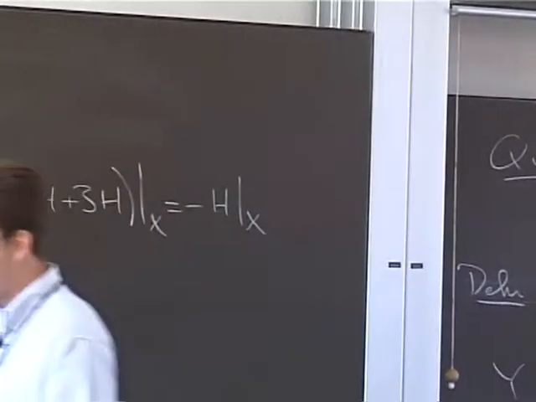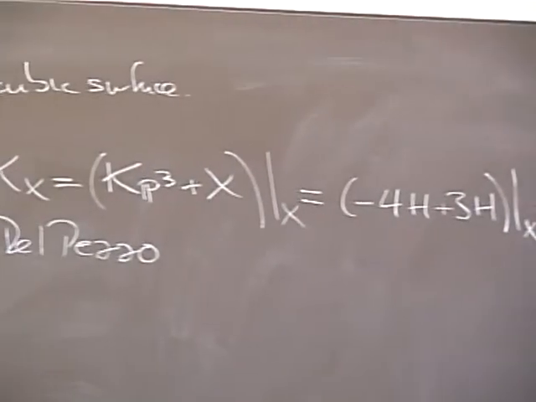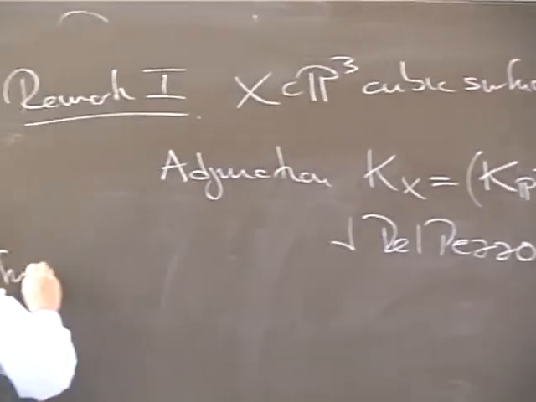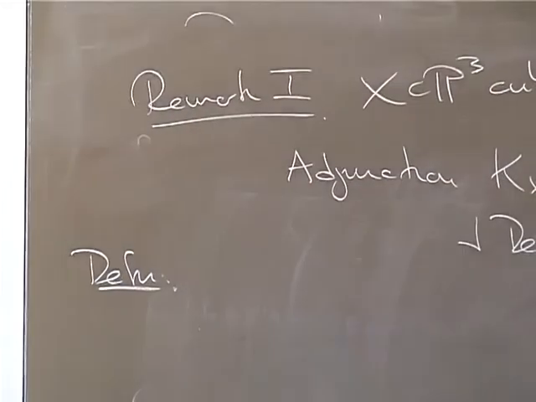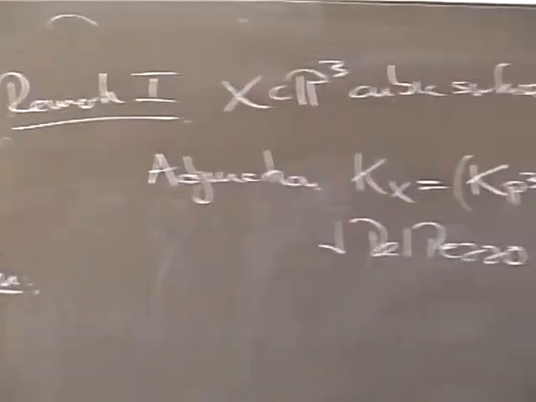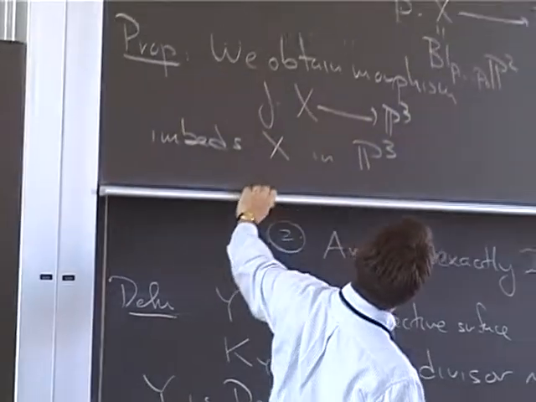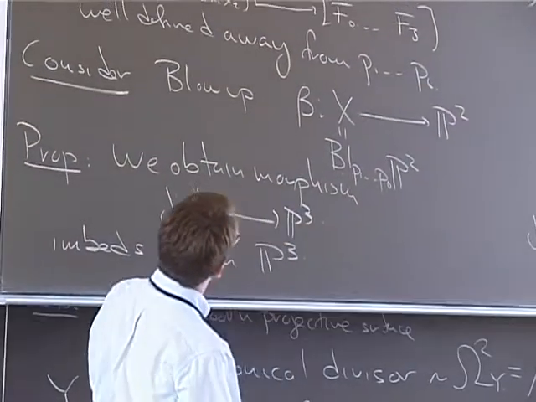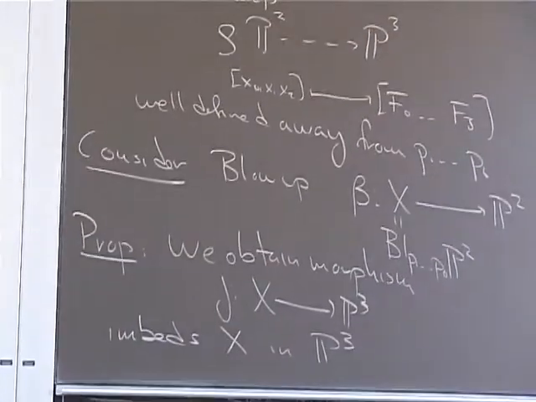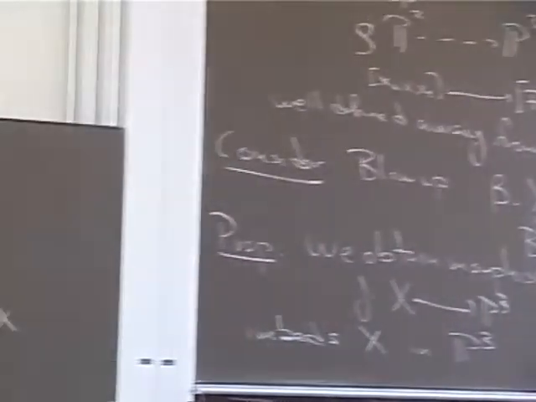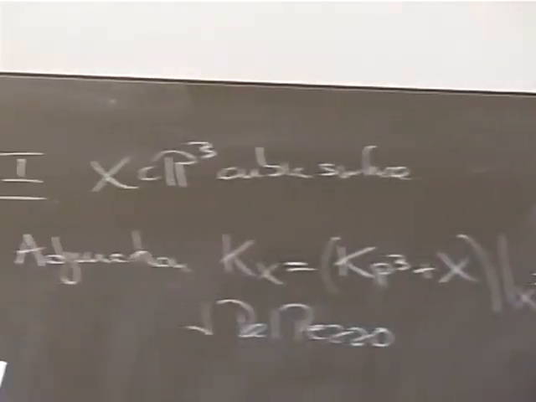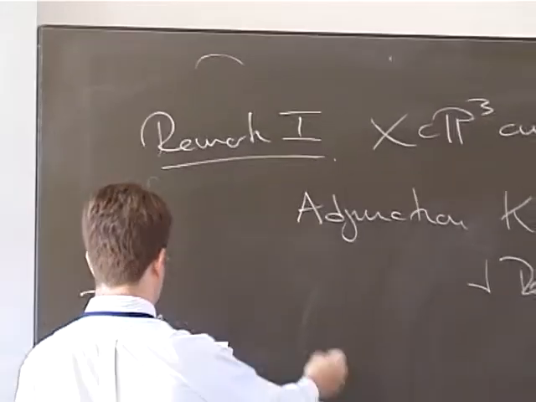Now, one thing I should mention about del Pezzo surfaces is that we just saw there are all these nice curves. They have self-intersection minus 1. And these are so useful that we're going to abstract this definition so it can be used in general contexts.